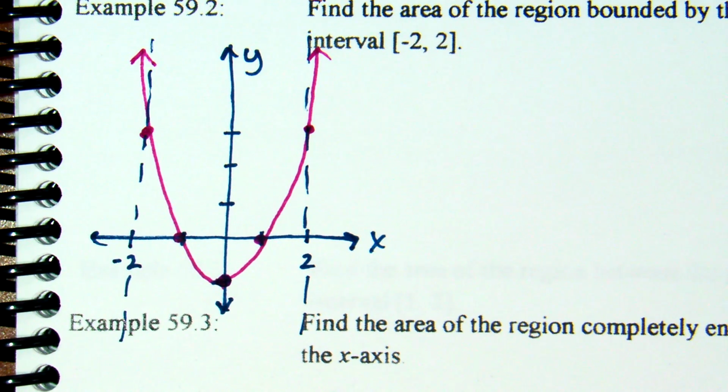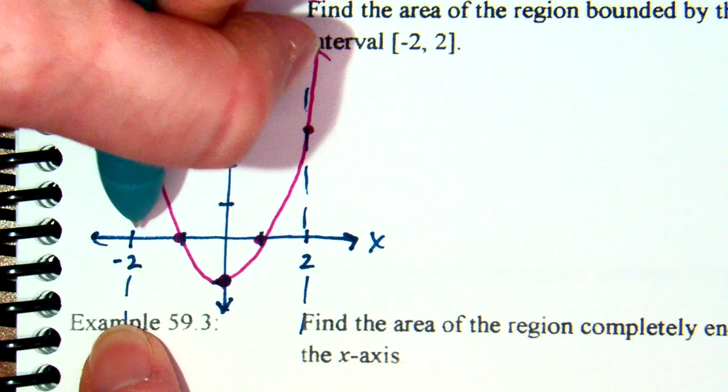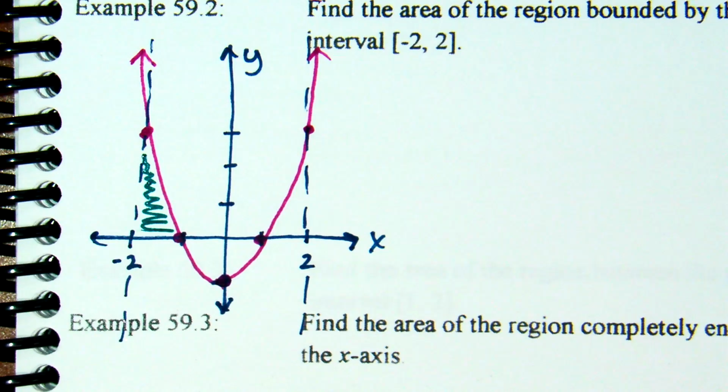Okay, so from negative 2 to 1, what am I looking at? This little, not exactly triangle, but triangle-ish shape. And from 1 to 2, we also have a triangle-ish shape.